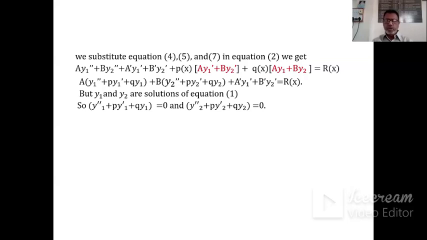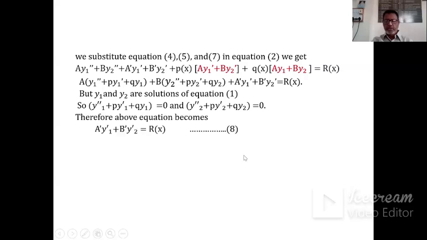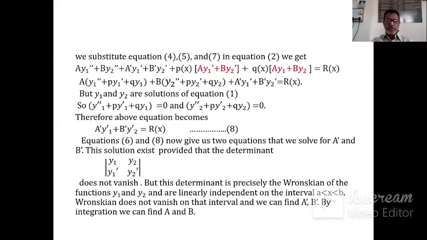Therefore, we obtain y1 double dash plus p y1 dash plus q y1 is equal to 0, and y2 double dash plus p y2 dash plus q y2 is equal to 0, and therefore the above equation becomes A dash y1 dash plus B dash y2 dash is equal to r of x. And then we solve equations 6 and 8.